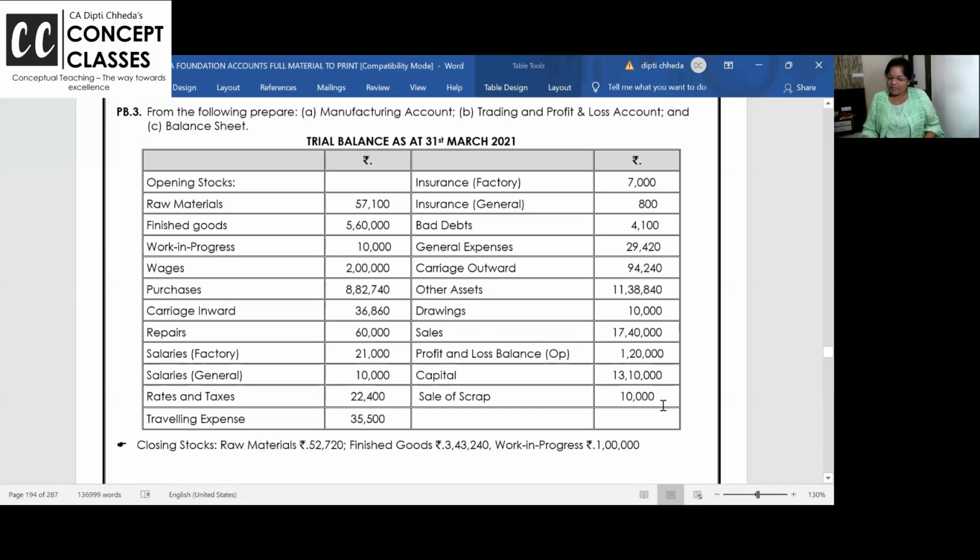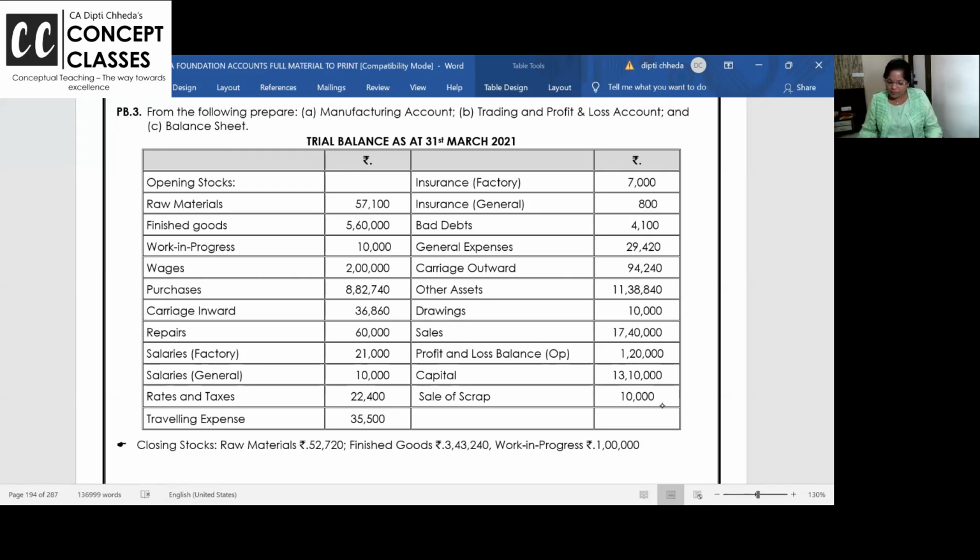Like we have to make problem number 3 में मैन्युफैक्चरिंग अकाउंट. Trading and P&L account you can make above the line, below the line, and then the balance sheet. ठीक है, तो सब बनाते हैं अब एक साथ.